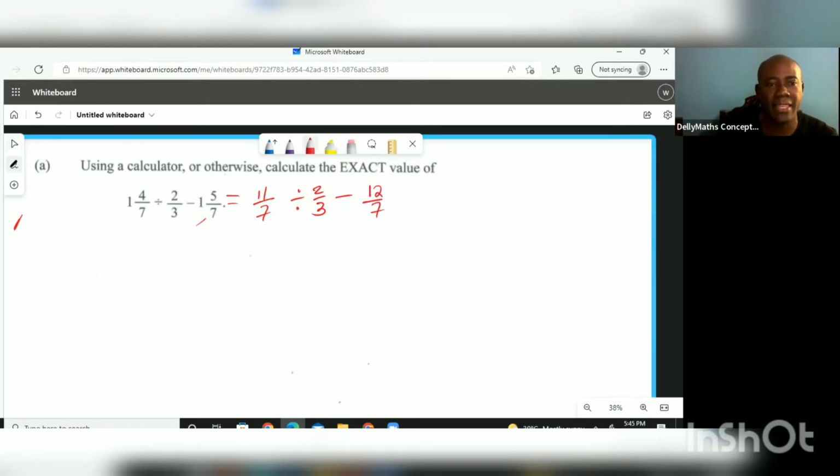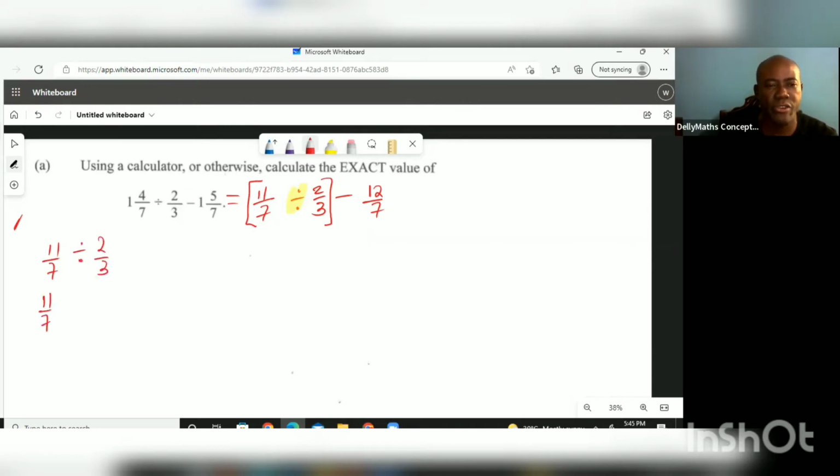Now, having had this, we're going to focus on this division part here. So we're going to be dealing with the division aspect, which means I want to work out this part right now. So we'll have 11 over 7 divided by 2/3.